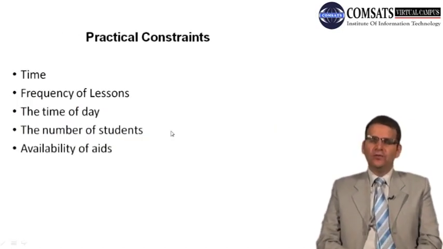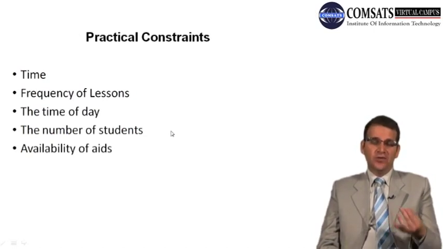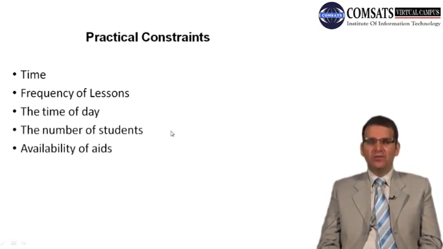So first of all, the point is practical constraints, right? What does practical constraint mean? These are the constraints which really influence the content of the lesson plan. The first one is time. Now time is very important.